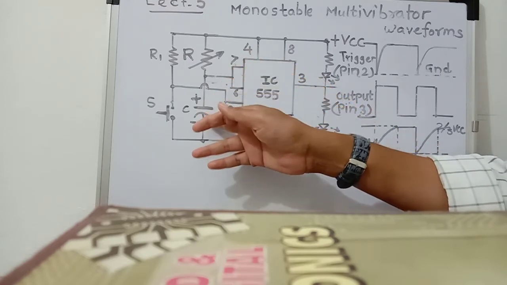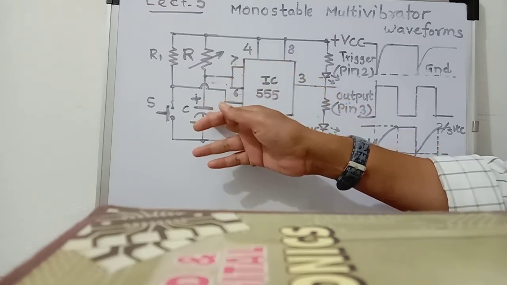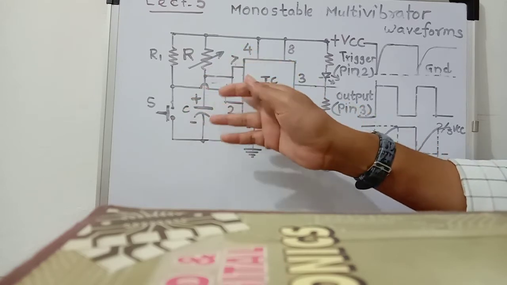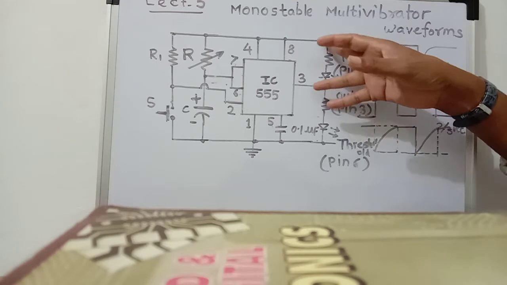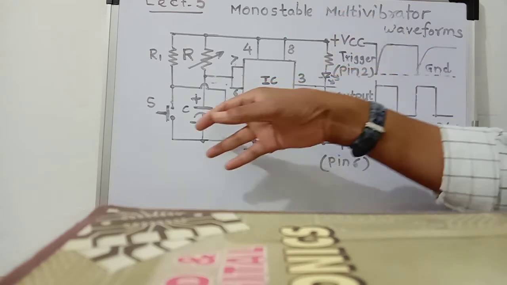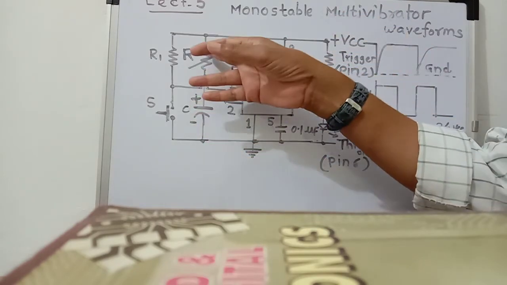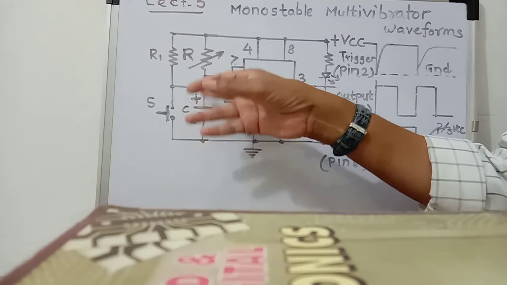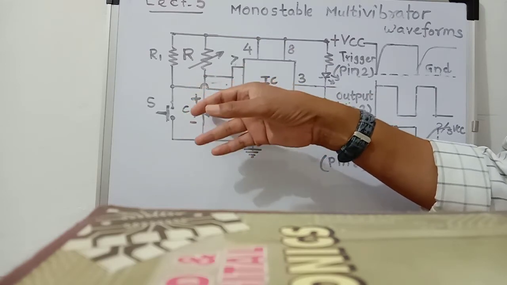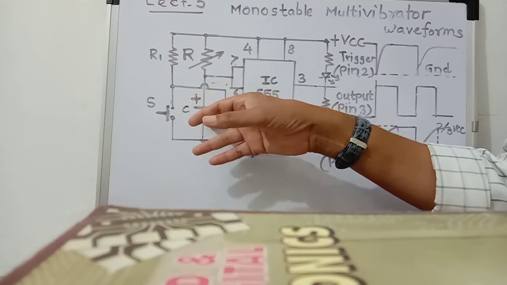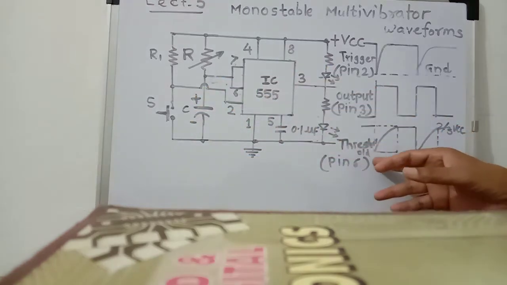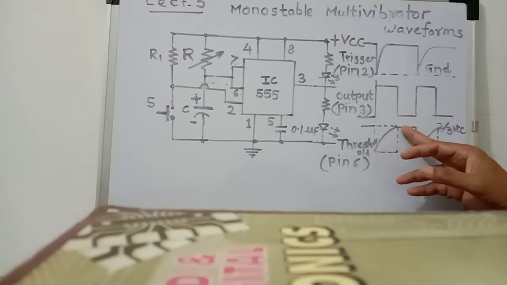Therefore, this external capacitor C is held in the discharge condition, because when VCC is turned on, the capacitor C charges through resistance R, and during the charging period, the voltage across it increases exponentially.